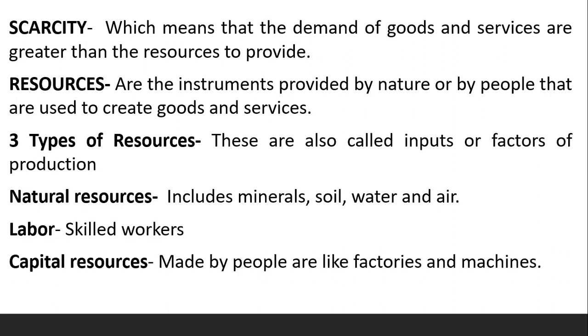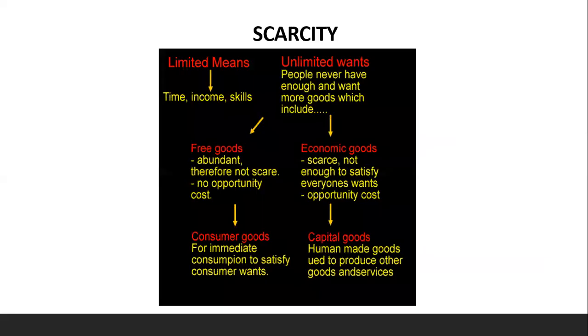First is natural resources, which include minerals, soil, water, and air. Second is labor, which means skilled workers specialized in their specific jobs. Third is capital resources, which are made by people, like factories and machines.